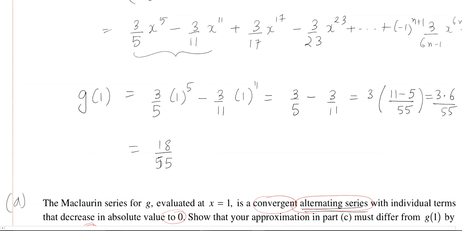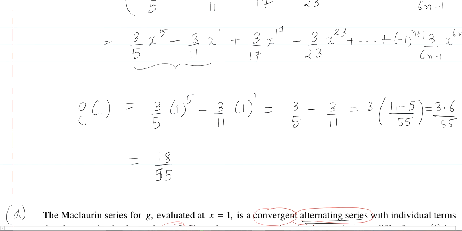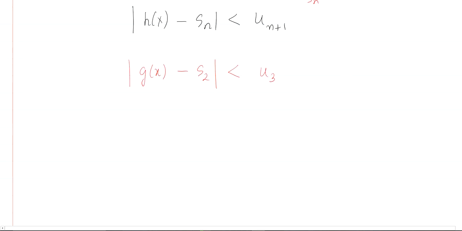If you look at the series, the third term happens to be 3 over 17 times x to the power 17. So we know that this is therefore less than 3 over 17 times x to the power 17, but all this is evaluated at x equal to 1.